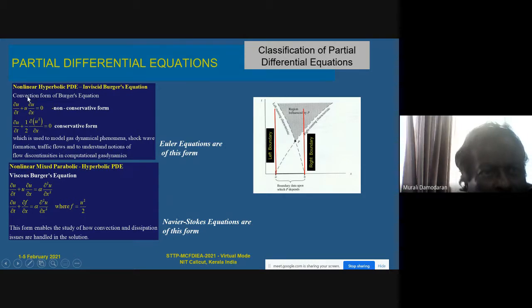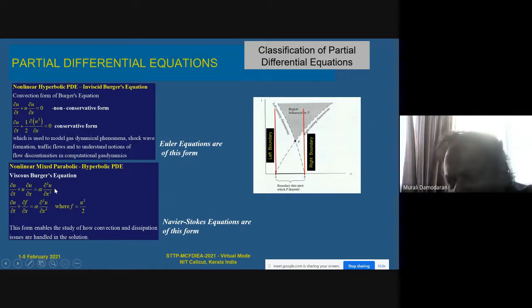To get some understanding, I'm not going to go through a lot of mathematics, but if you look at the non-conservative form of the Burgers' equation, it is of this form, and the conservative form will be this. So this is completely hyperbolic. Whereas the viscous Burgers' equation is the same as the above, but I have a small alpha with a second order derivative there.